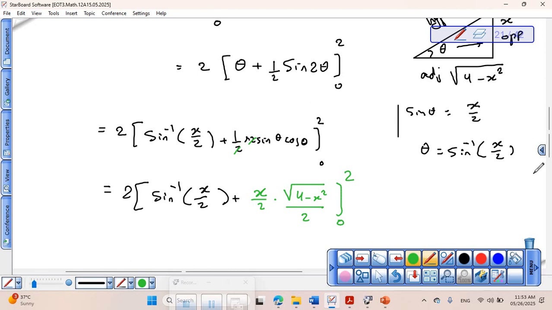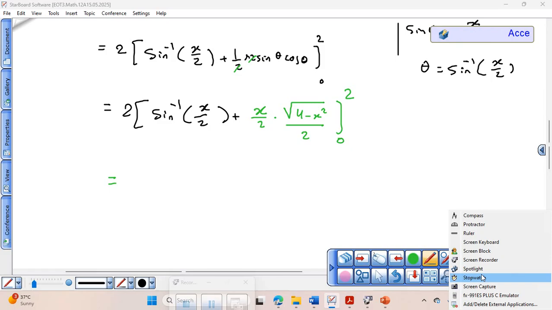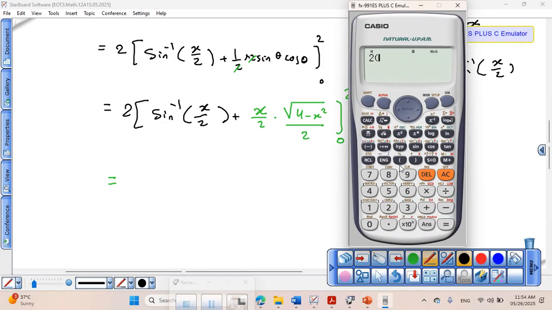Everything is ready now to find the answer. Maybe you can use a calculator: 2 times inverse sine of x over 2, plus x over 2 times radical 4 minus x squared over 2, then calc 2.